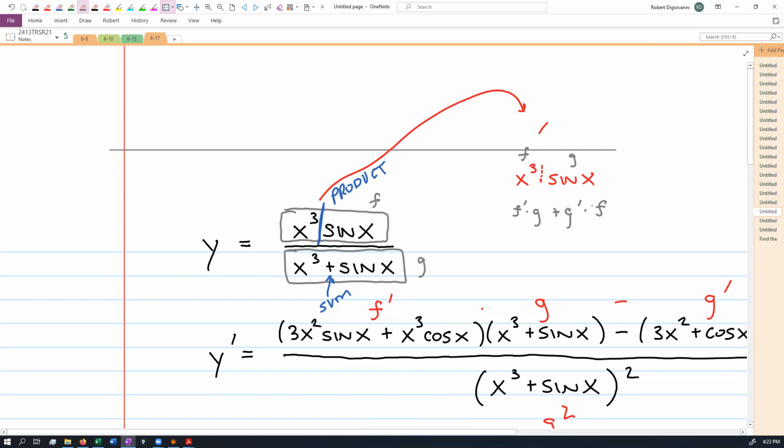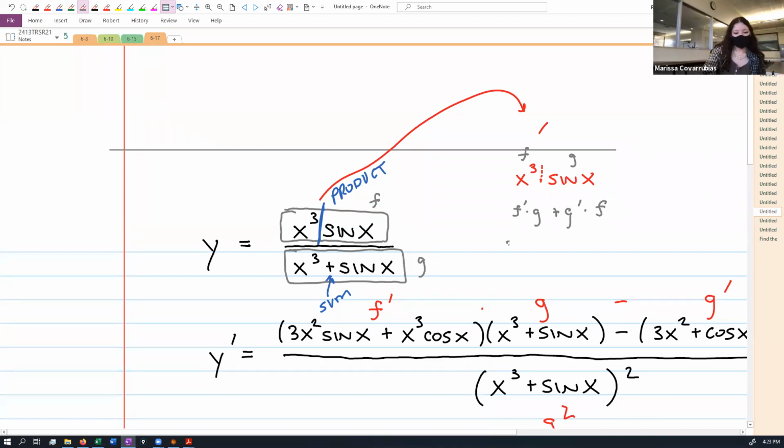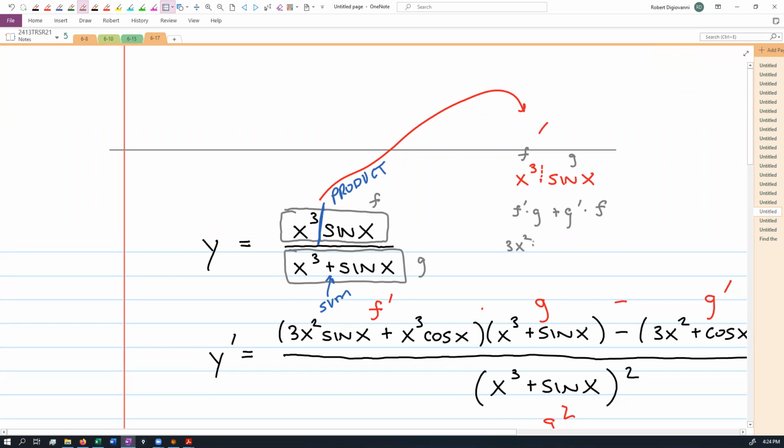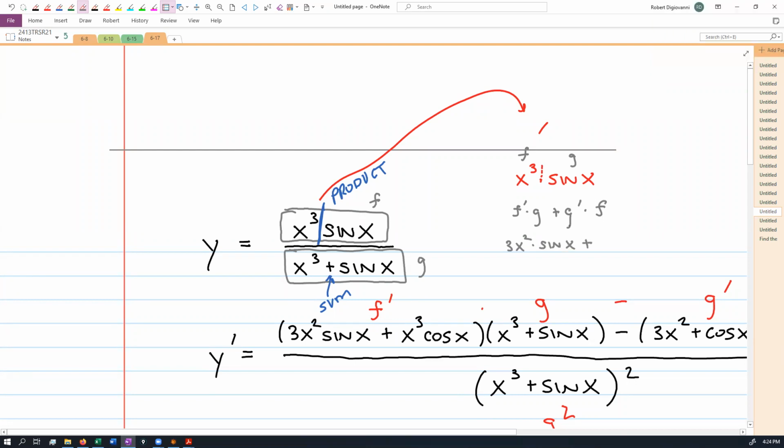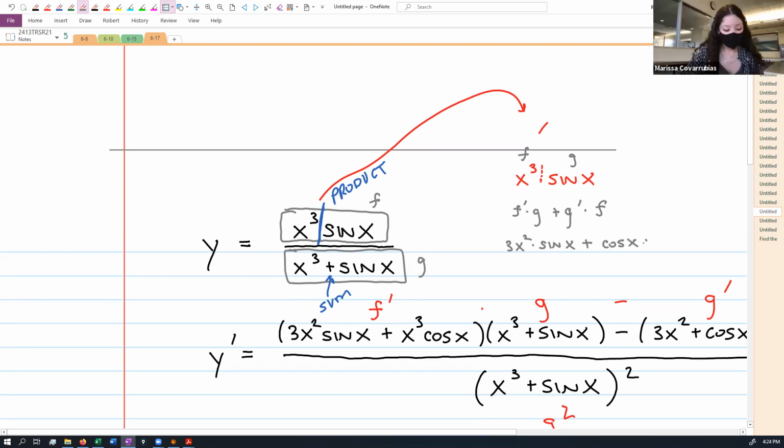So what is f prime? F prime is 3x to the second power. Times g, which is sine x, then plus g prime. What's the derivative of g? It's cosine x. And then times f. What's f? X to the third.